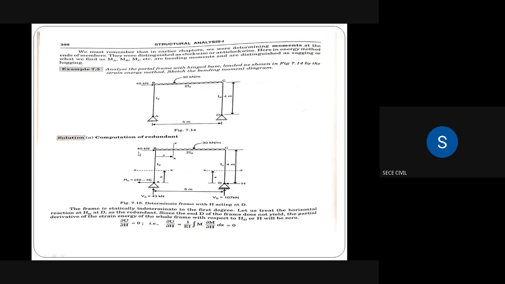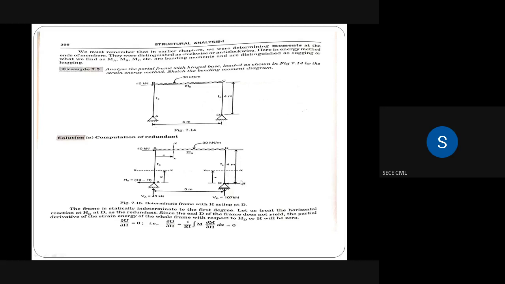We have a lateral load of 40 kilonewton at joint B, acting towards the right side. For balancing, the reaction will act on the left side. We have hinged supports at both A and D, so a horizontal reaction will act at both supports.